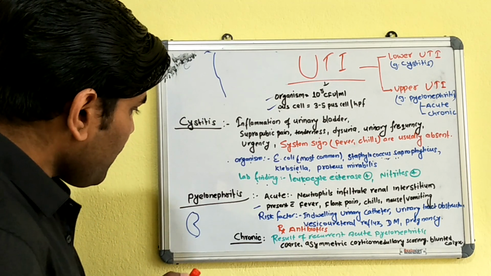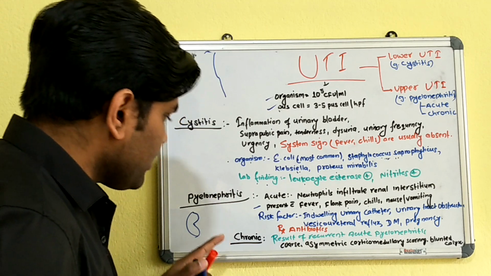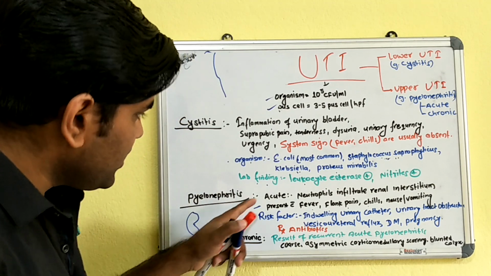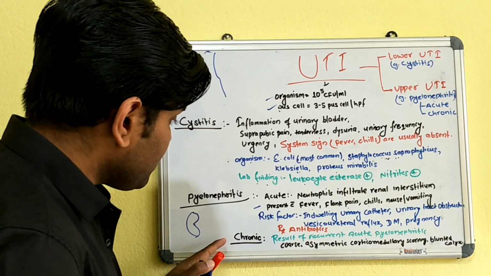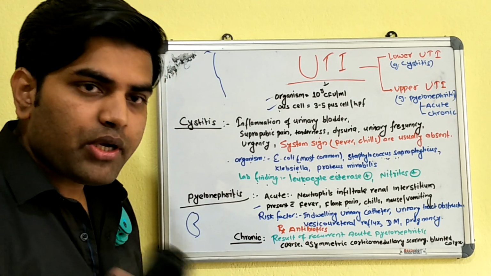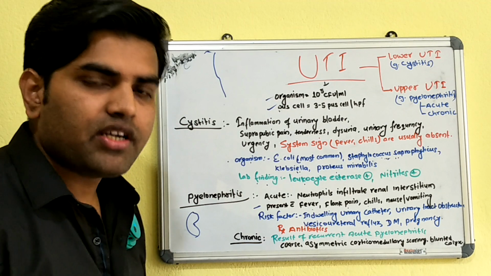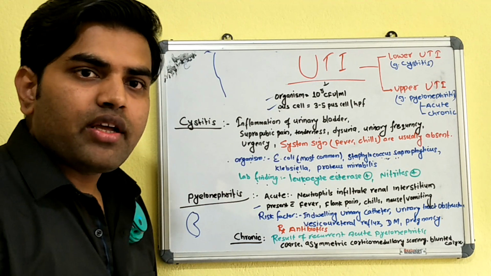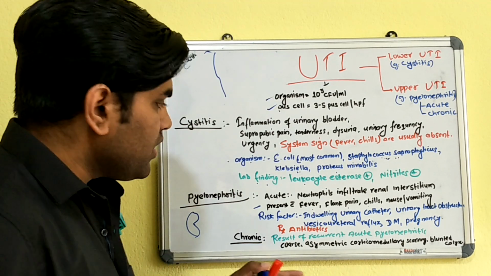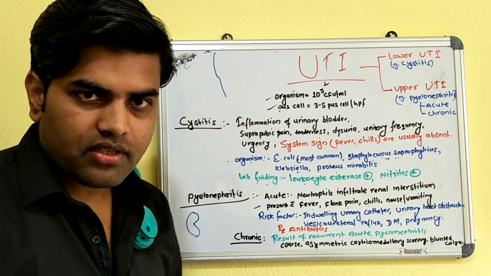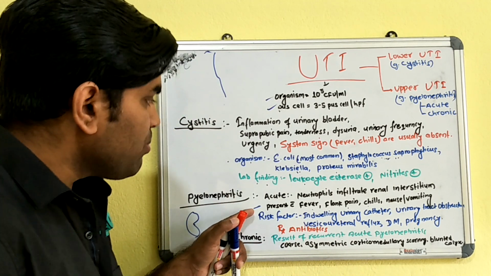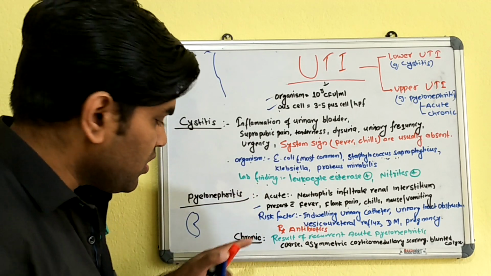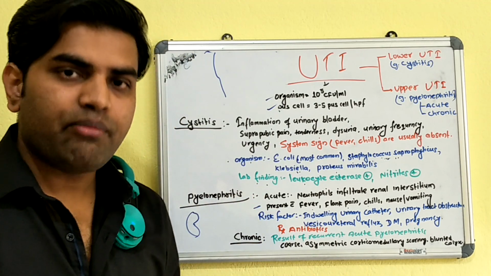Now comes chronic pyelonephritis, which is recurrent acute pyelonephritis. Why will it occur? Because of risk factors like urinary tract obstruction due to a stone, or vesico-ureteral reflux. Those are the two major factors that lead to repeated acute pyelonephritis, which further progresses to chronic pyelonephritis.